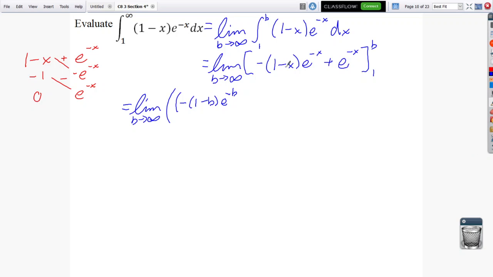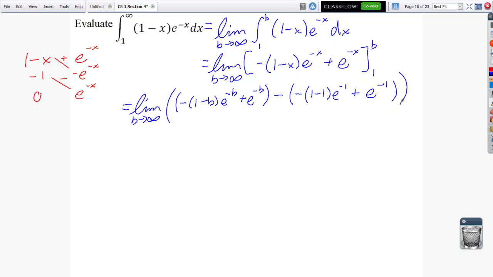Negative quantity 1 minus b e to the negative b. Okay, there we go. Plus e to the negative b, minus, evaluate at the lower, negative quantity 1 minus 1 e to the negative 1 plus e to the negative 1.